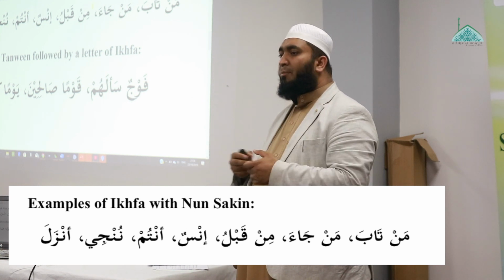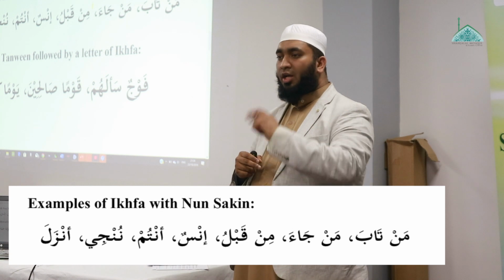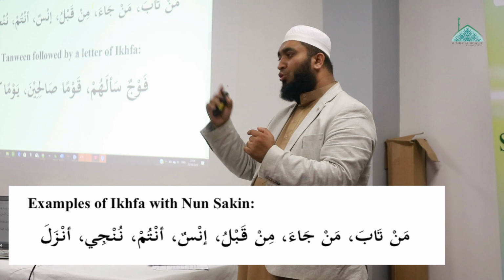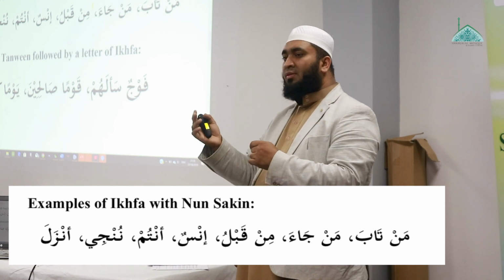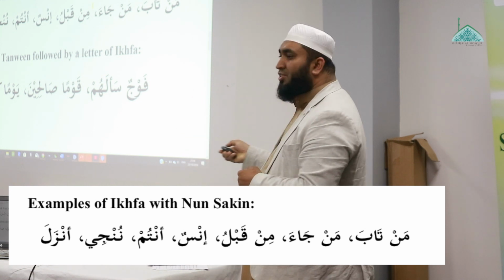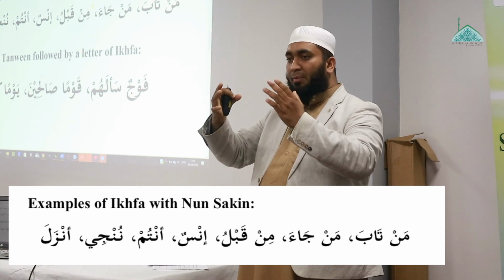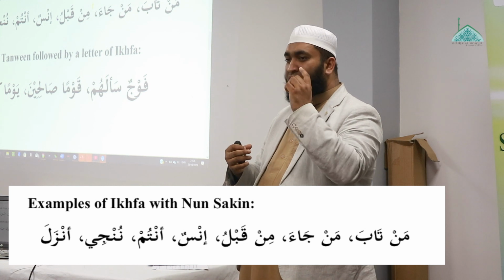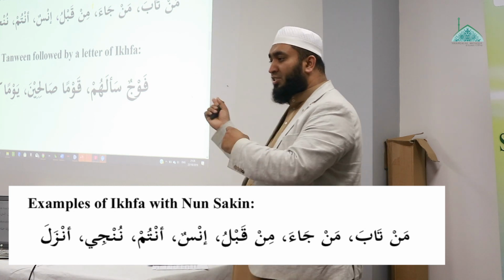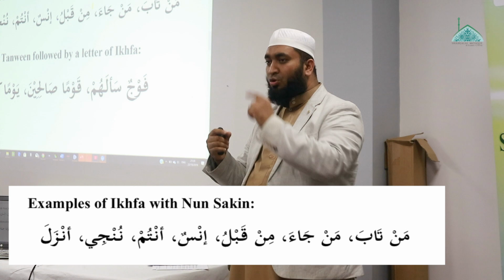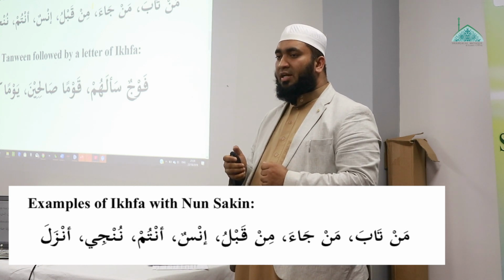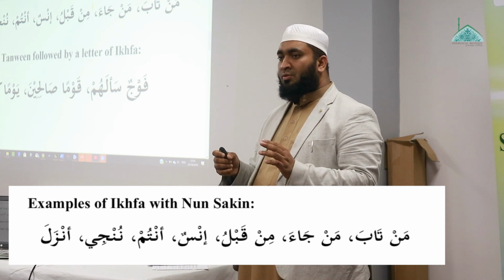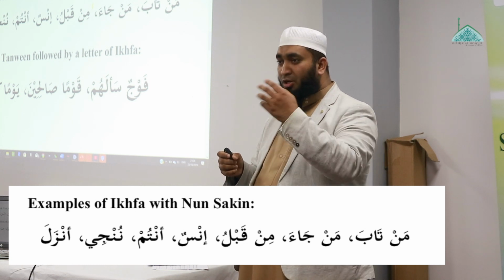Now if anyone says it heavy, it will be wrong, because Ta is light, so the Ghunnah has to be light. Next is Man Jaa, because Jim is a bit bigger, so the Ghunnah is a bit bigger. You can see the differences if you listen to both examples. Man Taba, first one. Second one is Man Jaa. So it's a little bit different, isn't it?